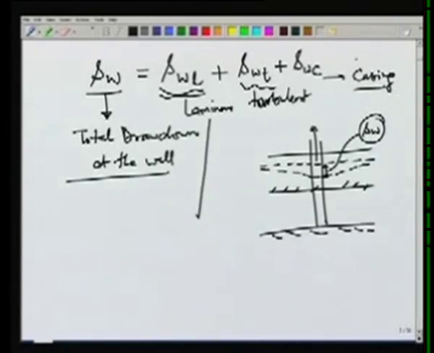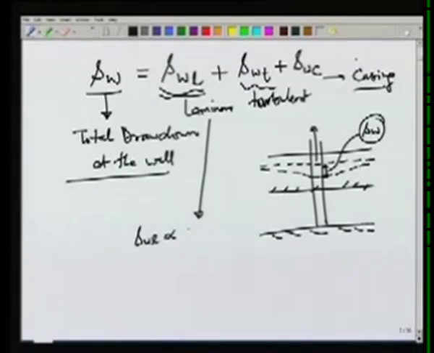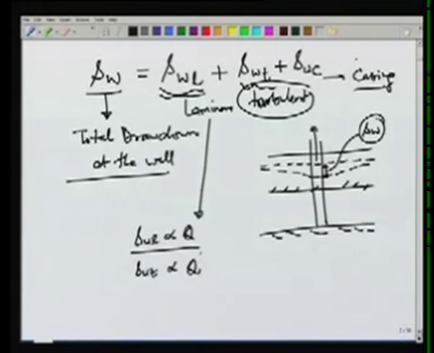As we have seen, the laminar loss generally is proportional to the discharge, so SWL will be proportional to Q. The turbulent loss is normally Q to the power something, and typically we can take it as Q square, so we can write SWT is proportional to Q square. The casing loss has also been seen to be proportional to Q square. So both of them, SWT as well as SWC, are proportional to Q square.